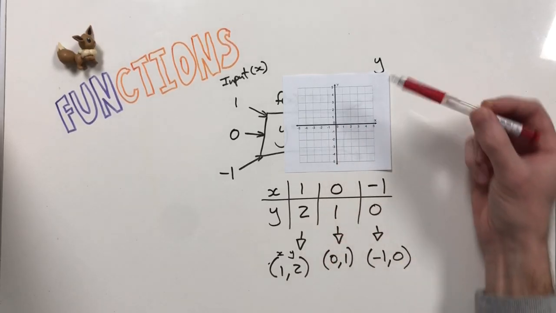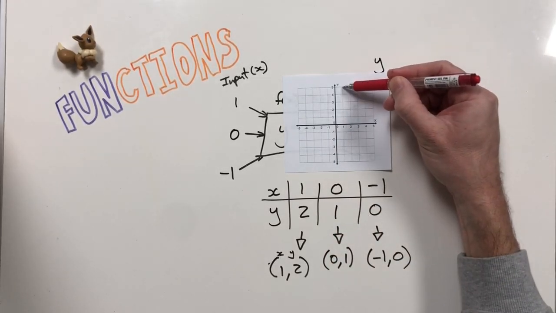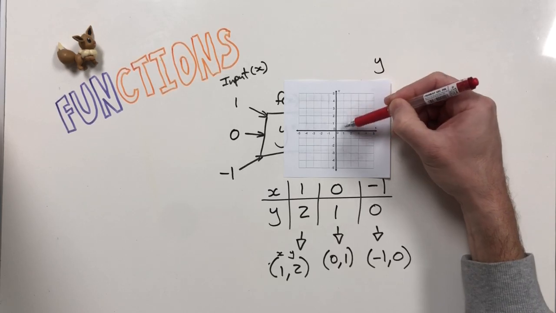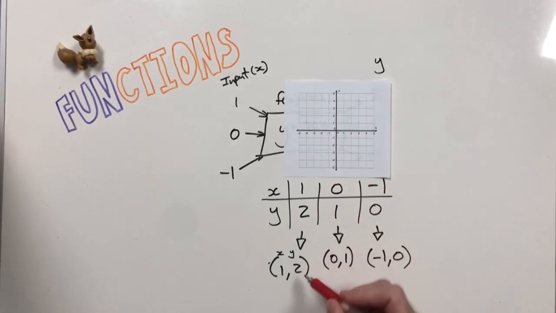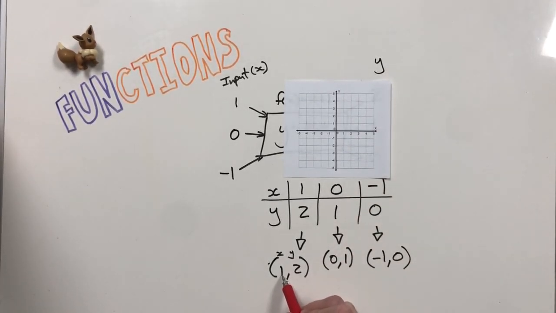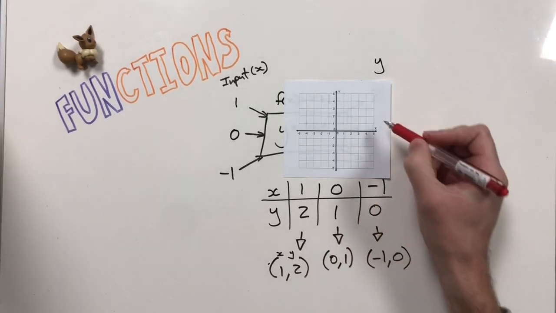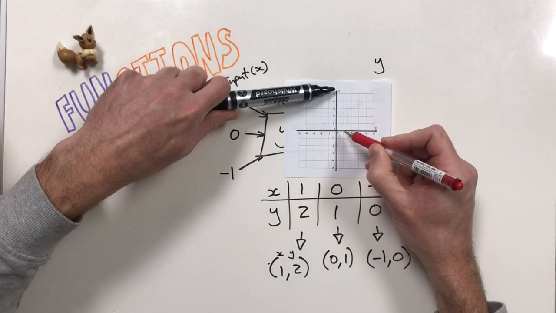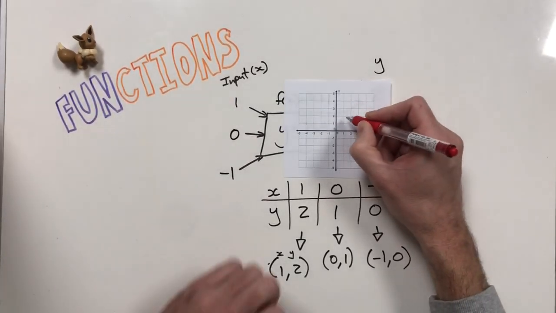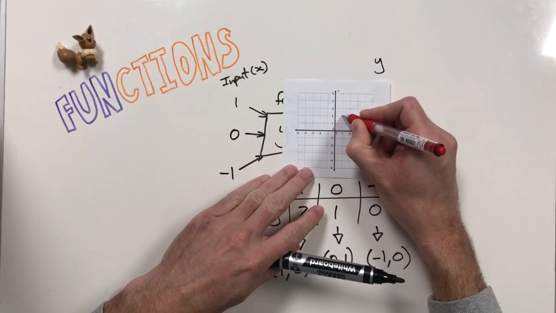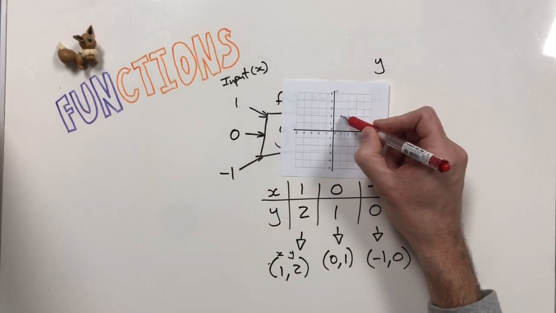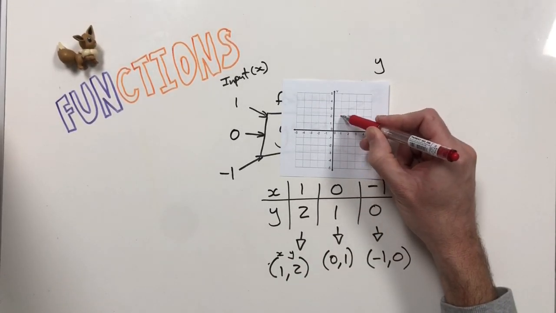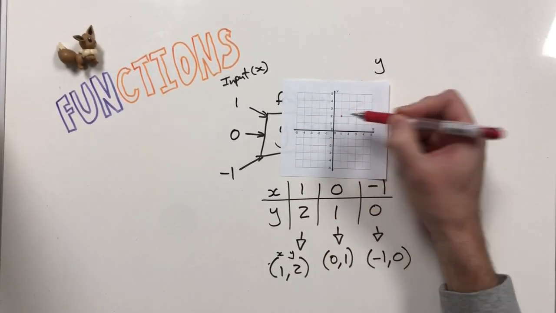So everywhere here, if I were to look at that coordinate, the x value would be 1 there, and there, and there, and everywhere here, the x coordinate would be 1. But I want the x coordinate to be 1 and the y coordinate to be 2. So I look for the x at 1, and then for the y, I look at 2, and where they meet, I can make a little dot. Because that coordinate has an x value of 1 and a y value of 2.